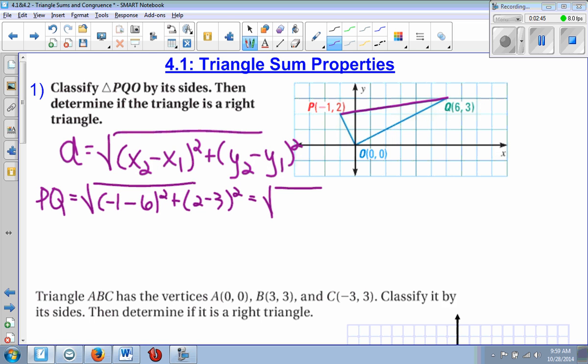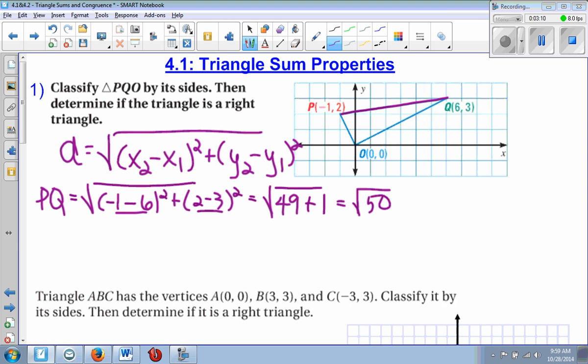Underneath that square root, subtracting the first two numbers and squaring would give me a value of positive 49. Subtracting the second two values and squaring would give me a value of positive 1. Because remember, anytime you square a number, whether it's positive or negative, the answer will always come out as a positive value. If I add those numbers together, I get a total of 50.